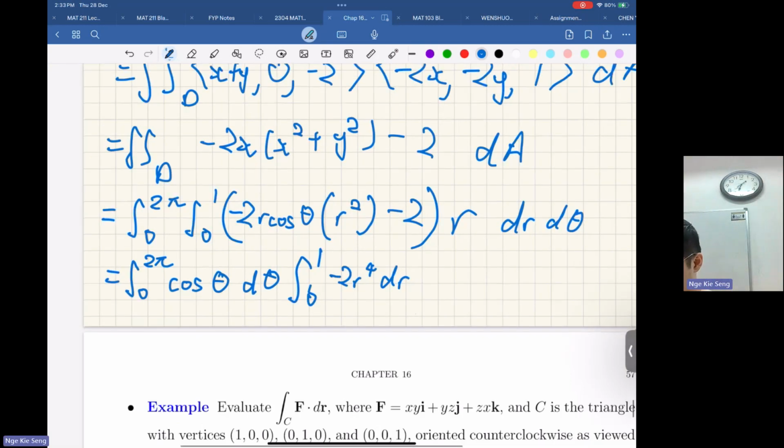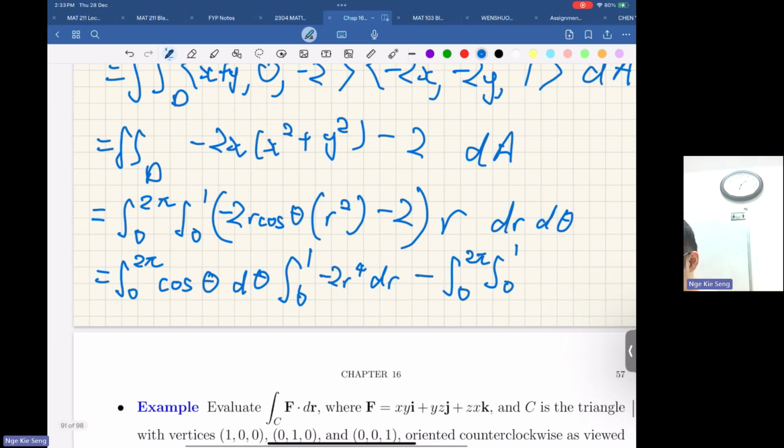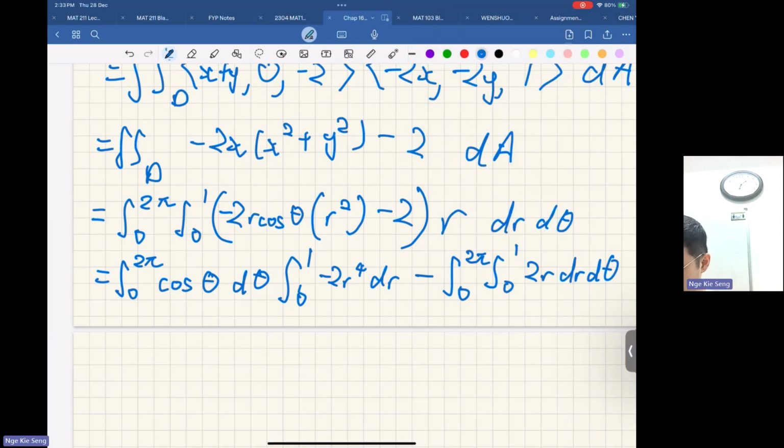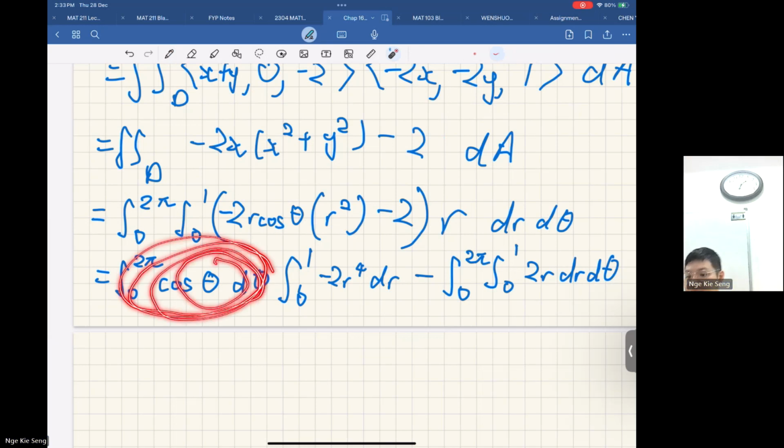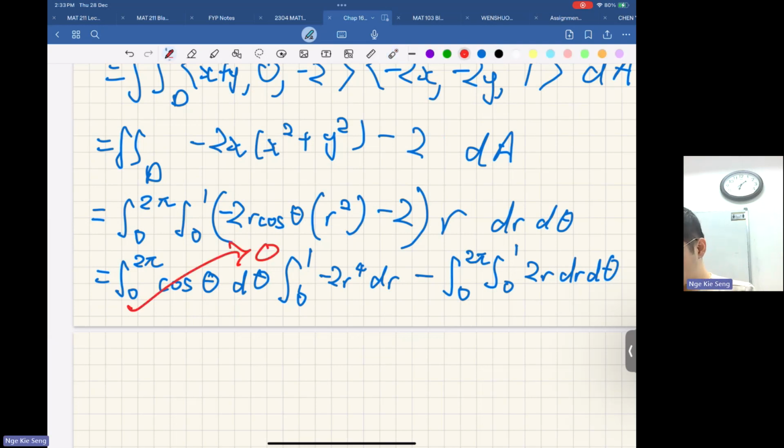Okay, so the minus of the integral from 0 to 2 pi, 0 to 1, and here is 2r, d theta like this. Continue. This part, cos theta: after you integrate, you get sine theta. So sine 2 pi minus sine 0 is 0. So this part disappears.